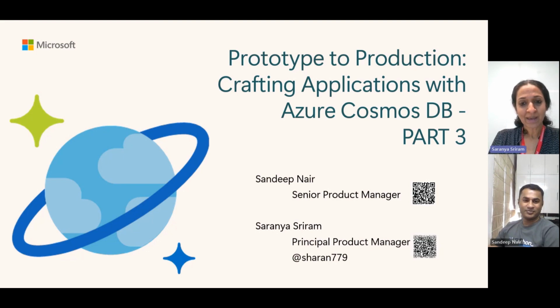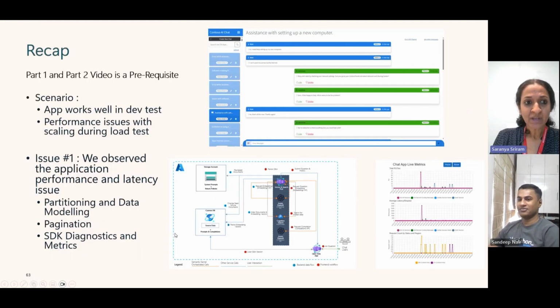So as a quick recap, we did have part 1 and part 2. Definitely request you to watch these videos as prereqs. Part 1 dealt with the overall scenario, wherein the application is working well in dev test.